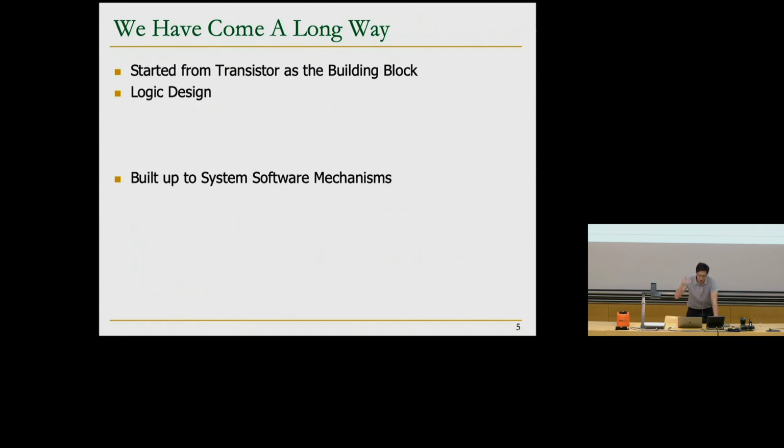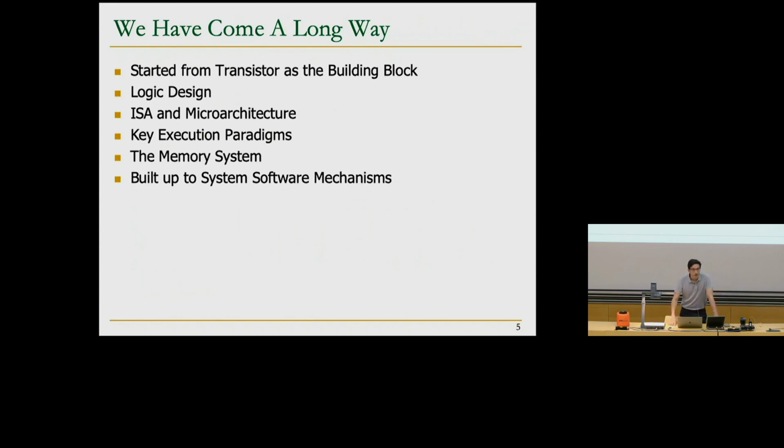And in between, we talked about logic design, ISA, and microarchitecture, which are the central components of computer architecture. The key execution paradigms we call pipelining, out-of-order execution, SIMD, multi-threading, etc. And finally, in the last lectures, the memory system, main memory, caches, and virtual memory.